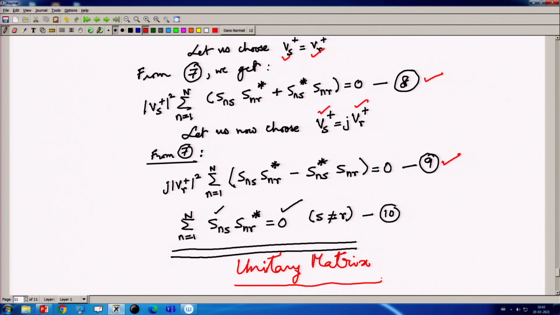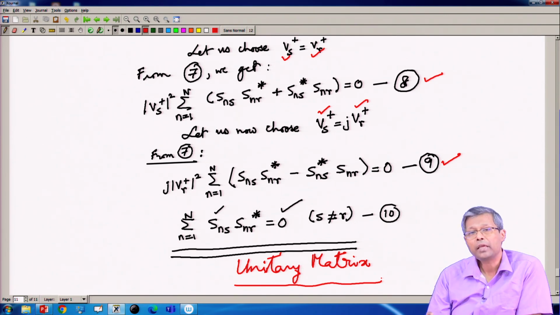This can also be established by using matrix algebra.